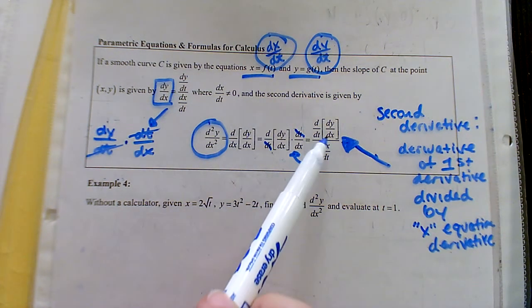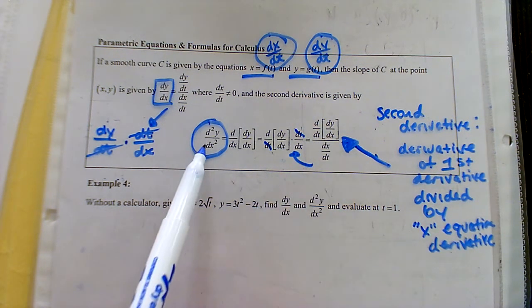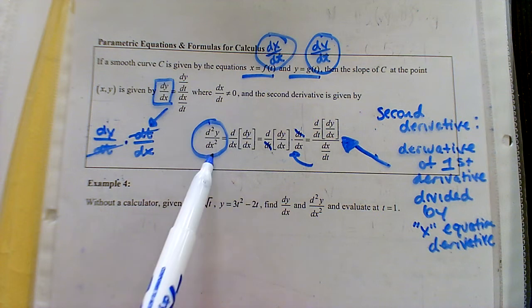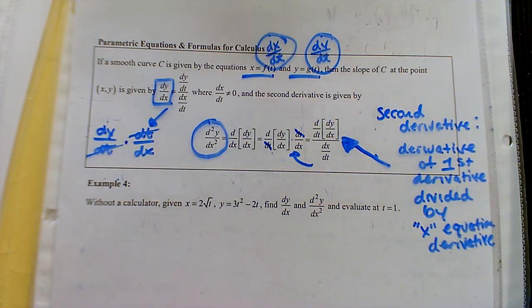In a nutshell, doing that process eventually leads us to d squared y over dx squared, which is the notation for a second derivative for rectangular functions.